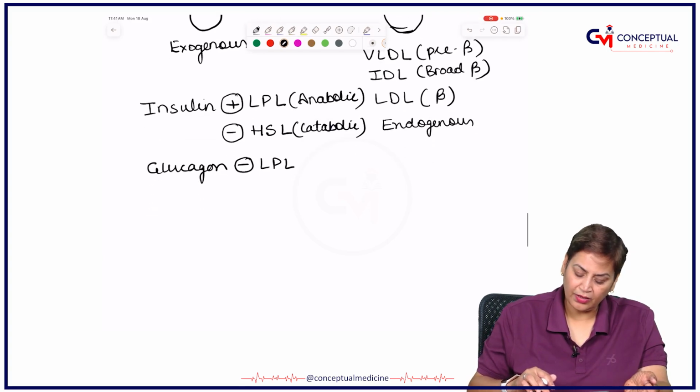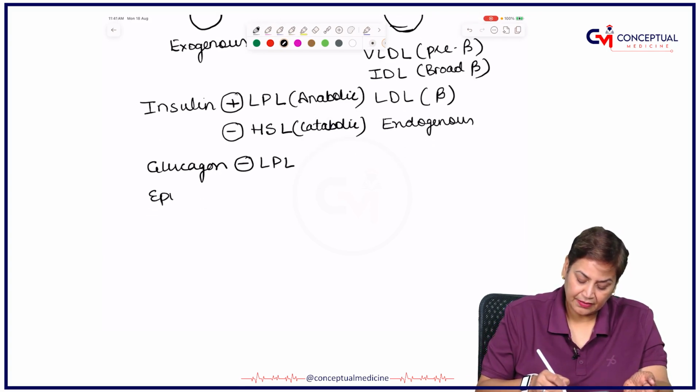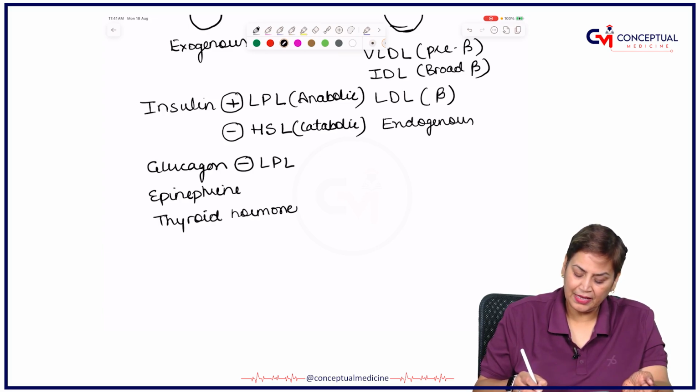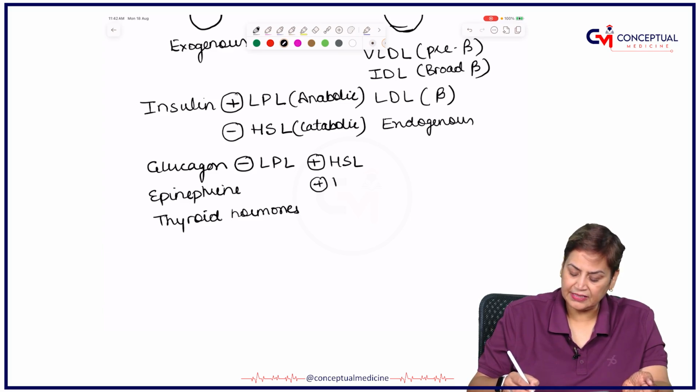So glucagon, epinephrine and thyroid hormones will be inhibiting LPL and they will be activating HSL. Very important.